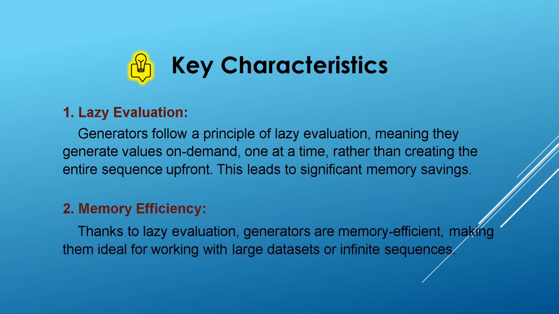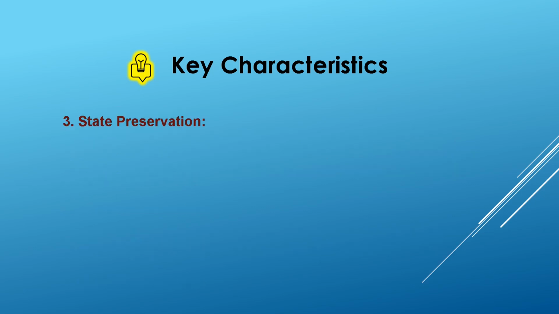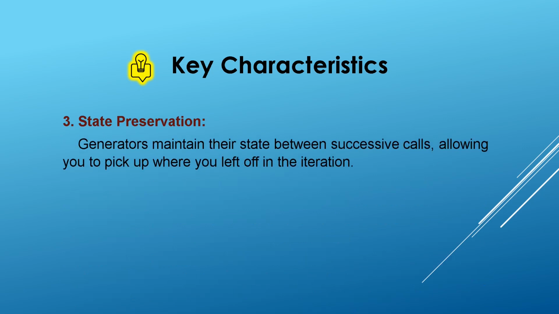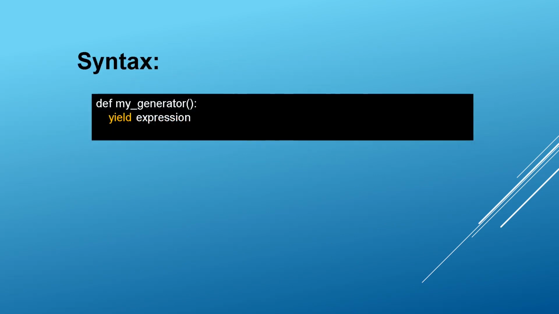Thanks to lazy evaluation, generators are memory efficient, making them ideal for working with large datasets or infinite sequences. Number 3. State preservation. Generators maintain their state between successive calls, allowing you to pick up where you left off in the iteration.